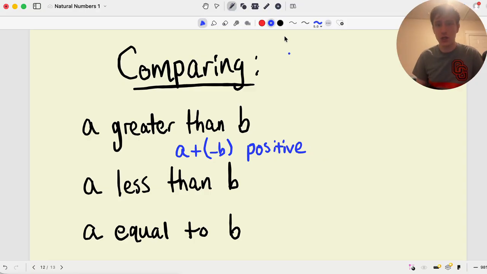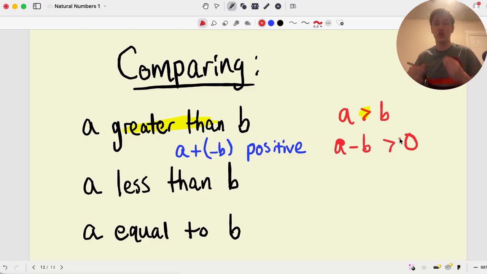Notation-wise, we say A greater than B, where this symbol right here is the greater than symbol. To say that A plus the inverse of B is positive, and I'll use the lazy notation, A minus B is positive, which means that it is greater than 0. Because remember, the integers go off positive here, and anything to the left was negative.